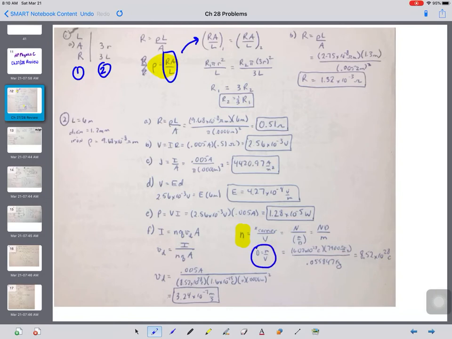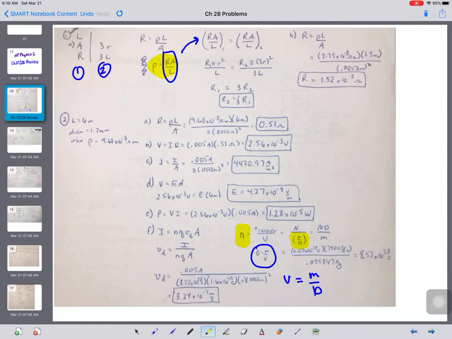So I'm using the density equation. Density is mass over volume, and if we solve that down for volume, volume is going to be mass over density. And that's what I'm plugging in right here for volume.